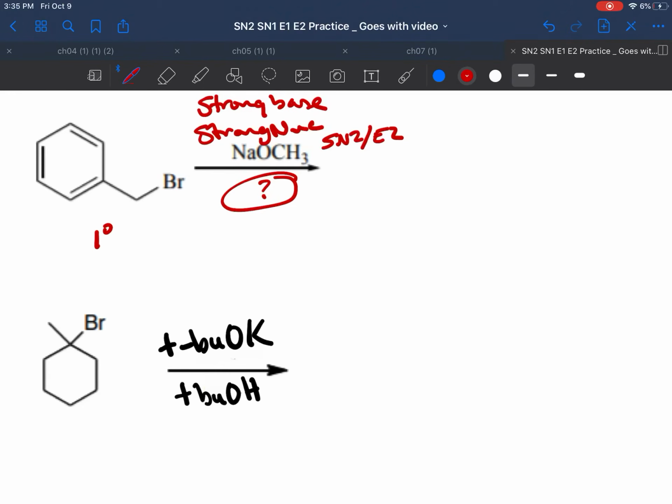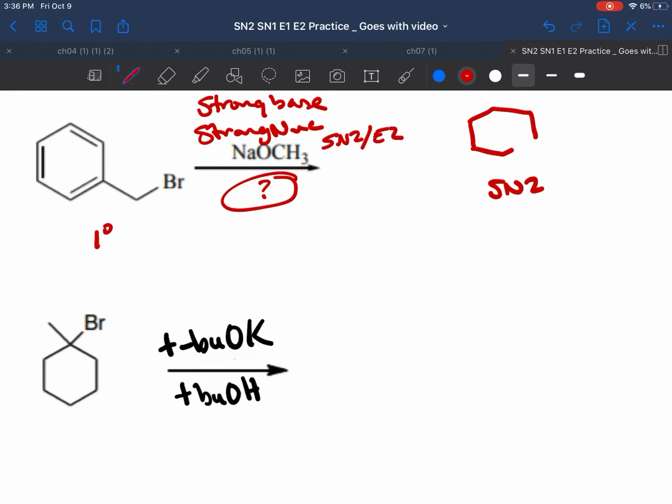E2 is not possible because there is no beta hydrogen. We cannot put a double bond back this way because that would put 5 bonds on this little carbon, and we can't do that. So E2 isn't possible no matter what solvent you use here. So we must go with SN2.